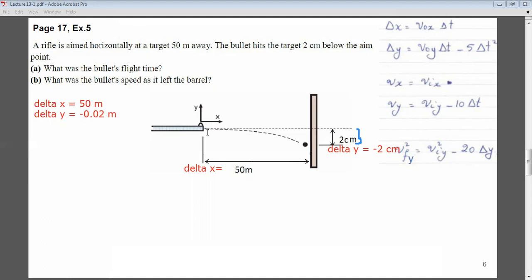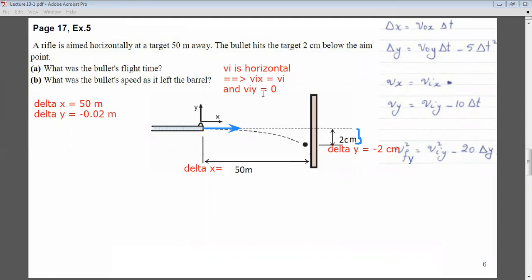Actually, I do have. In these exercises, you directly locate what your v initial x and v initial y are. This is v initial, and it is horizontal. This implies v initial x is equal to v initial, and v initial y is equal to 0, because it is horizontal.